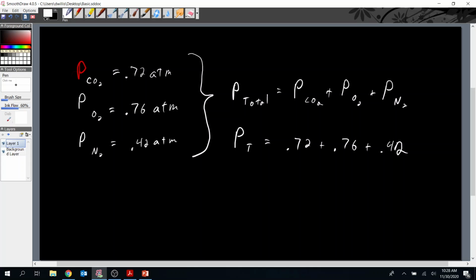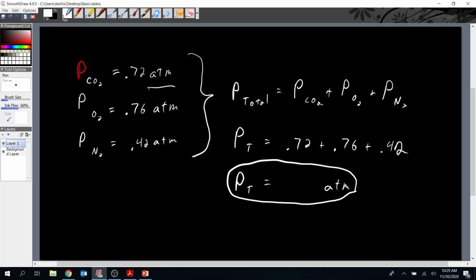And the total pressure then will be the sum of all of those. And of course, since those were all in atmospheres, the correct unit for this will be atmospheres. I'm not going to solve it for you. I'm going to let you punch the buttons, but it should be the sum of these 3. And I think that you're very capable of taking care of that.